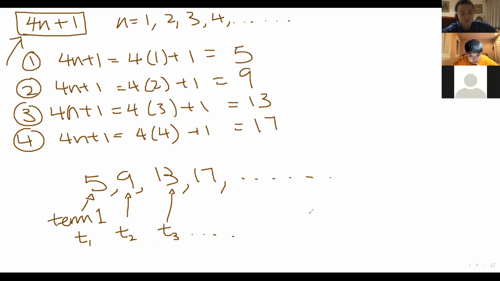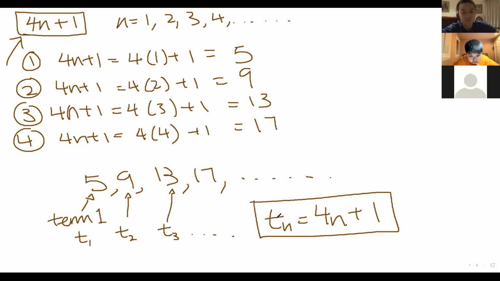So what we can say is we can write tn is equal to 4n plus 1. What this means is that this is essentially a formula. If I want to know what the 10th number is, or the 10th term, I would plug in 10 for n.